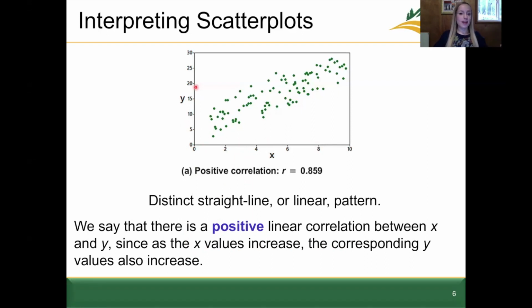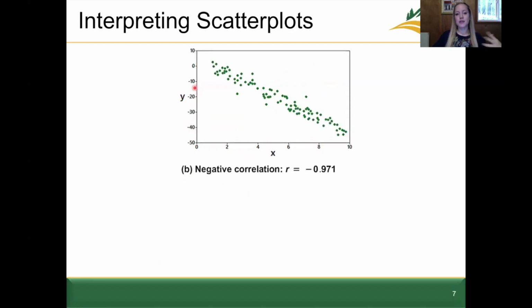Now let's take a look at a negative correlation. So here we see a scatter plot. We have our X data, we have our Y data. Here, though, we see this data goes kind of towards the right of the screen. So by visual inspection, we can see that as X is increasing, the Y values are actually decreasing. They're getting more negative.